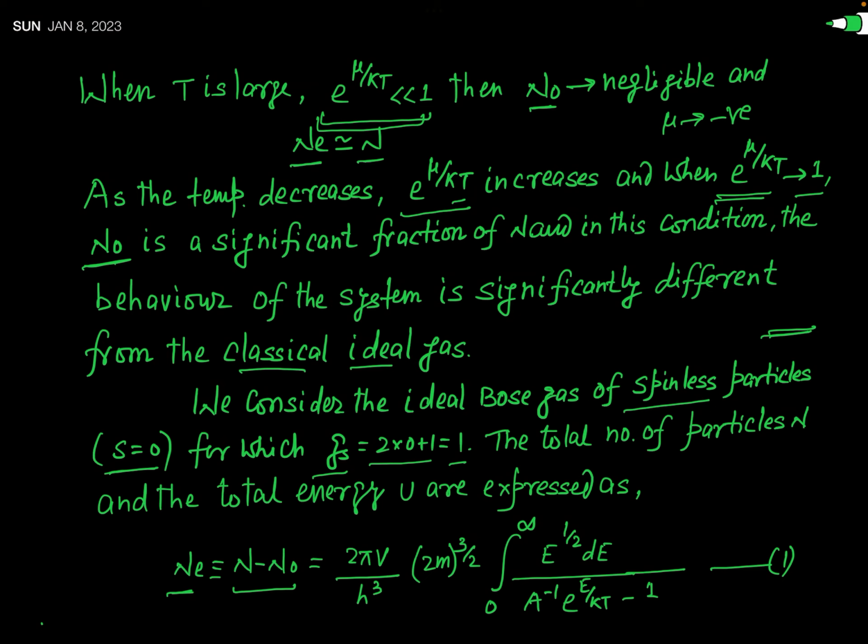We have learnt in the previous lecture that this is equal to 2 pi V over h cube times (2m) to the power 3 by 2 integral 0 to infinity E to the power half dE divided by A inverse e to the power E by kT minus 1.